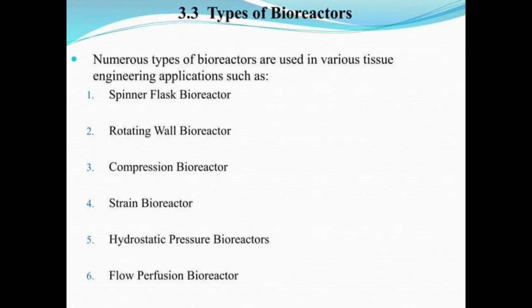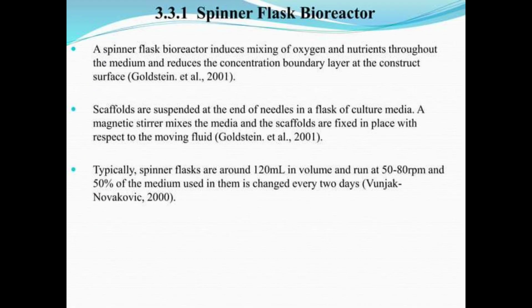There are numerous types of bioreactors identified for tissue engineering applications, including the spinner flask bioreactor, rotating wall bioreactor, compression bioreactor, strain bioreactor, hydrostatic pressure bioreactor, and flow perfusion bioreactor.